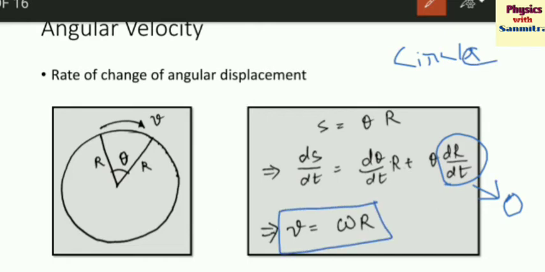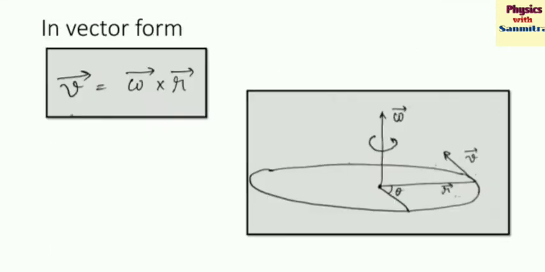See, ds by dt, that I will say v because it is moving. That is the linear speed, that is angular speed into r. R is the radius. This is angular speed because I am taking the distance and the angle covered. But now I will show you in vector form what angular velocity is.